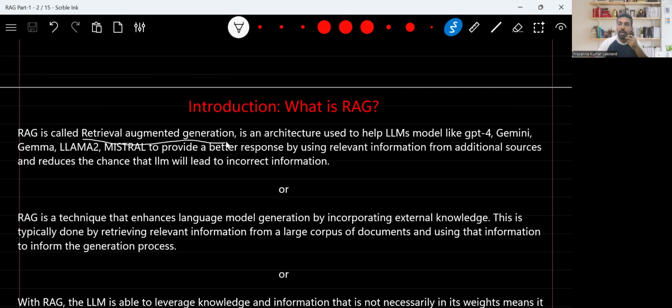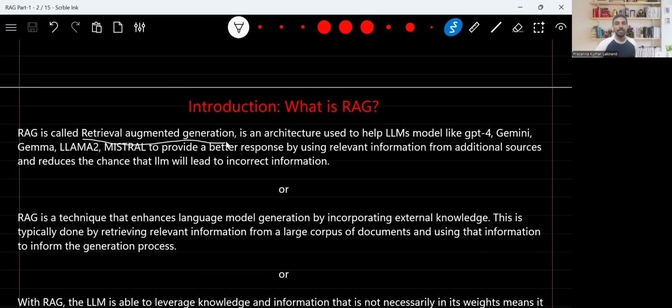In order to get a qualitative answer from the LLMs, RAG helps the LLMs give qualitative, exact and relevant information with the help of additional resources, and reduces the chance of hallucination, reduces the chance of incorrect information.